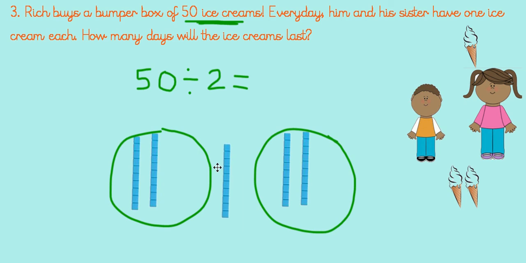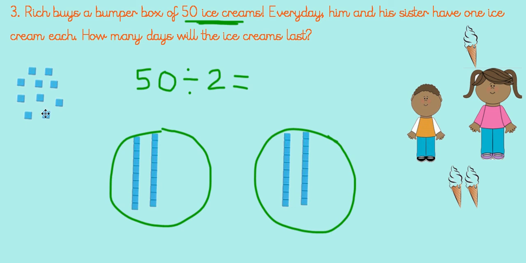Uh-oh. Now I can't share this 10 stick because they're all stuck together. But I know that I can't put it in here because then there would be more in here, and I can't put it in there because there'd be more in there. So I've got 1 10 here, and that's the same as 10 ones.